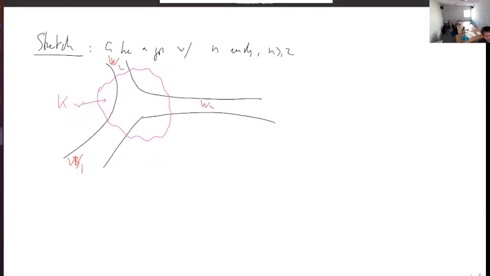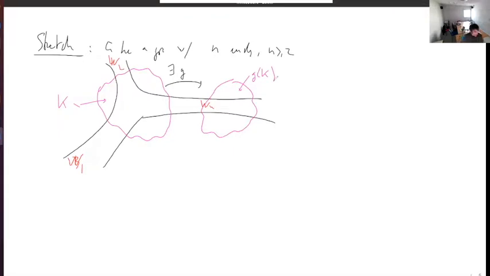So this means that I can find an element of my group G that will shift K out of itself. It's just a matter of labeling correctly the unbounded components. I can assume that the image of some element g will move my set K into Wn. So this will be g of K.